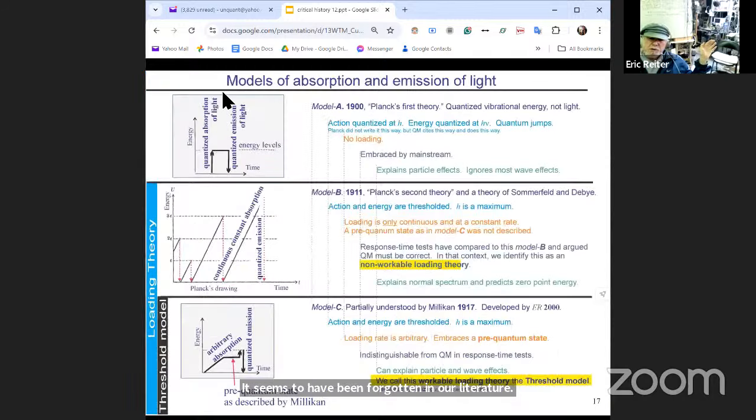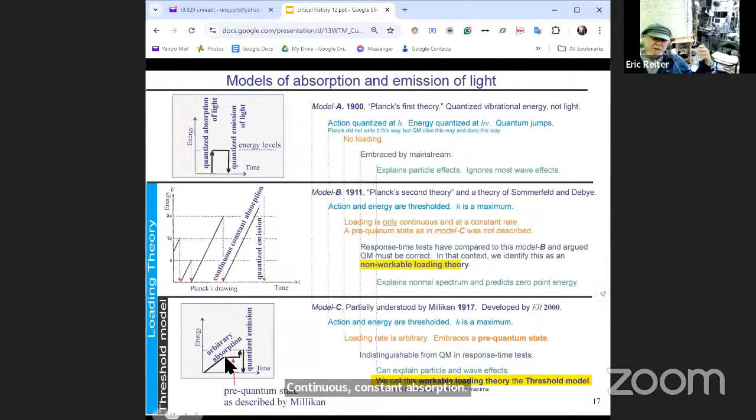So to review, these are the models of absorption and emission of light. Planck's first theory, it's been taken on as quantized absorption, quantized emission. His second theory, continuous constant absorption, quantized emission.